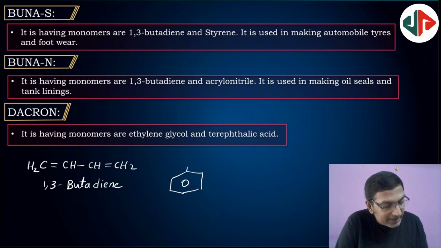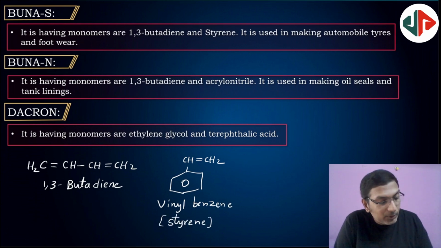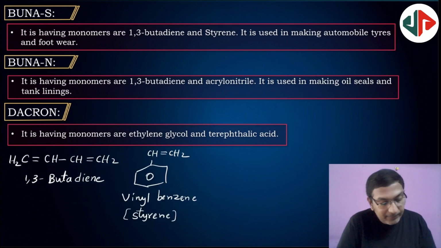Styrene is vinyl benzene. So these are monomers. It is used in making automobile tires and footwear. Use is also important.